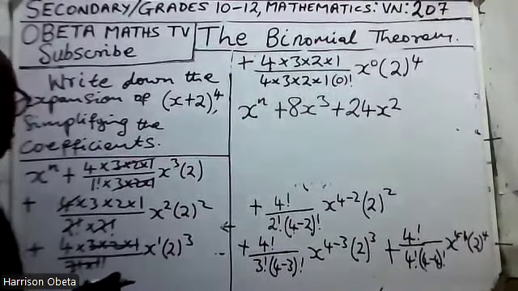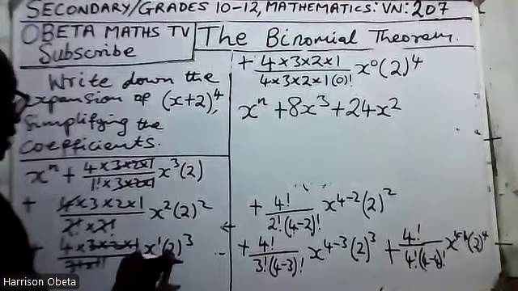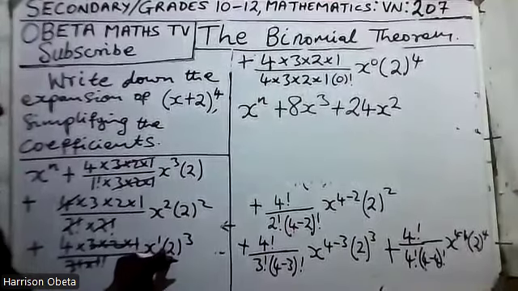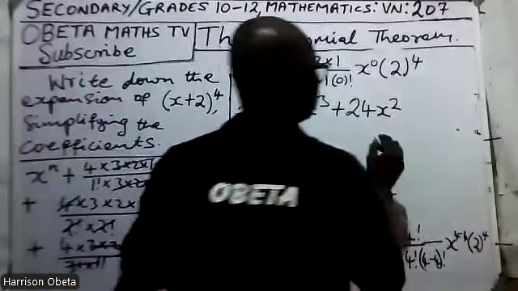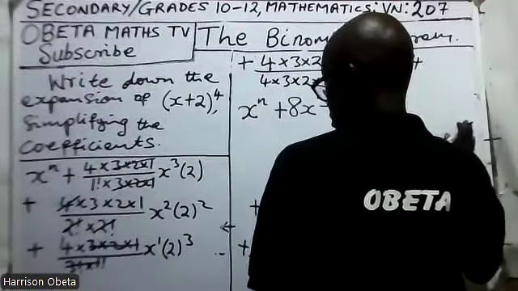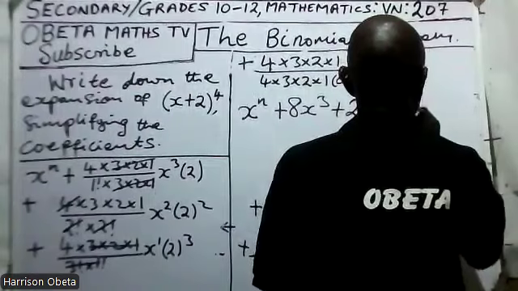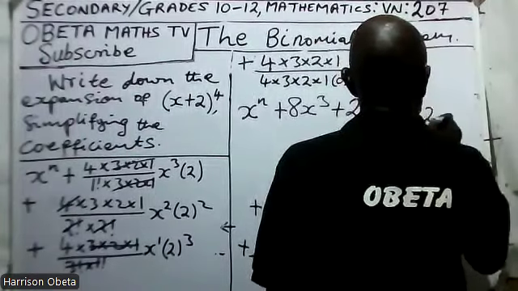Then the third one, that is 2 raised power 3 is 8 times 4 is 32x.